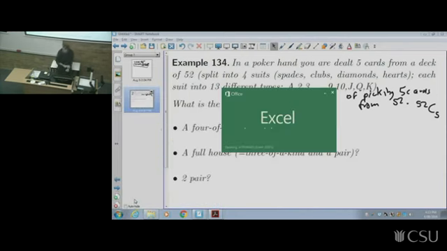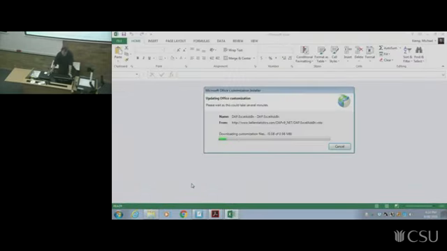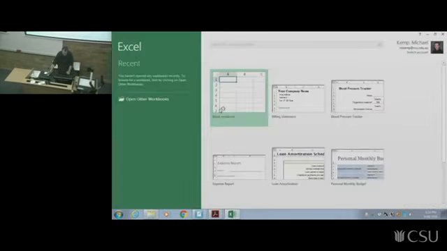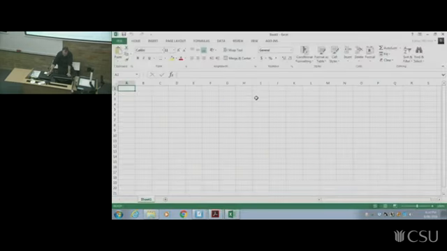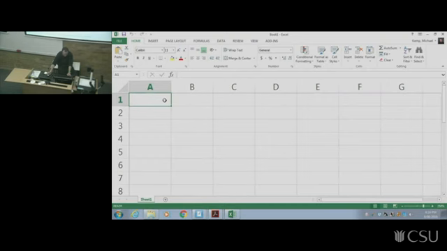So let's type some of these things up in Excel just so we can see the differences. So we've got combination.